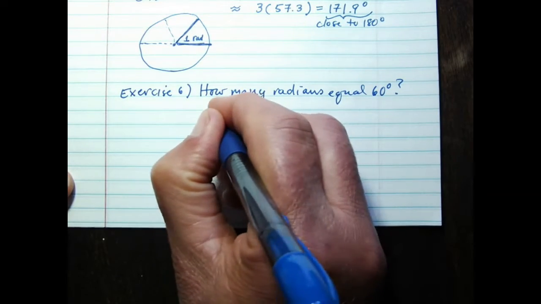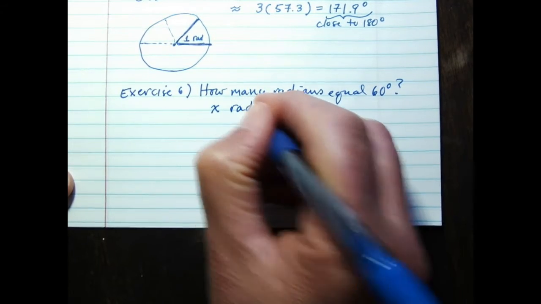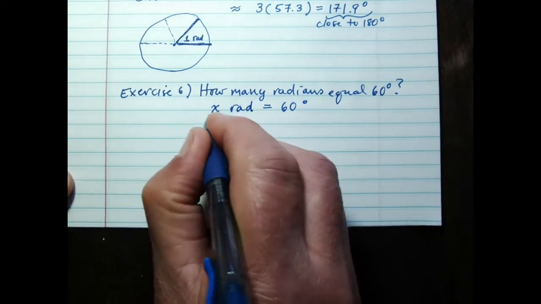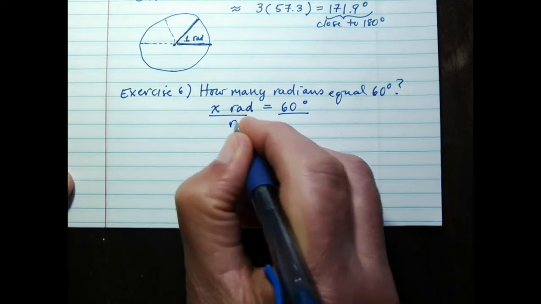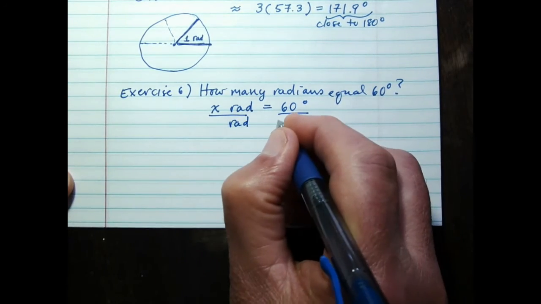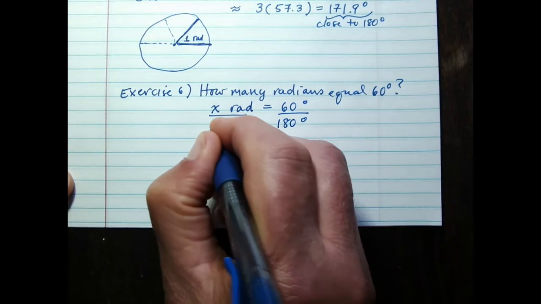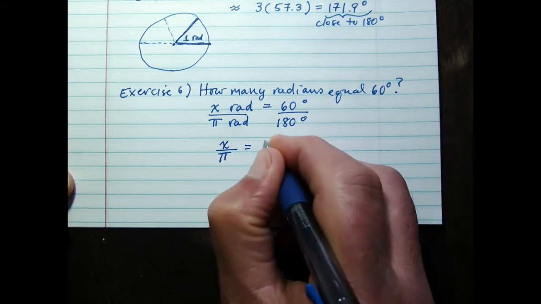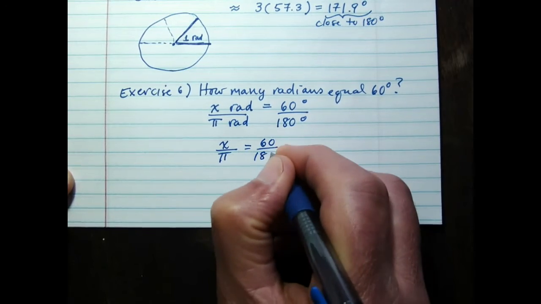And I can set up a proportion. x radians equals 60 degrees. And underneath, I need radians, degrees. So it's 180 degrees, pi radians. x over pi equals 60 over 180.